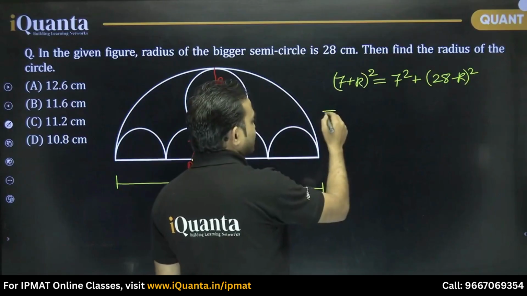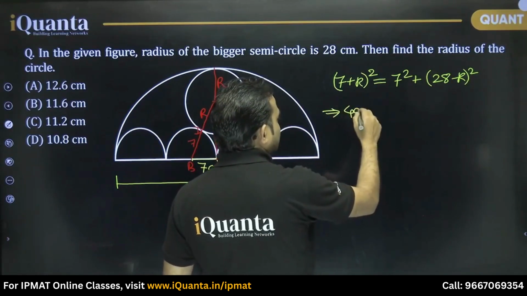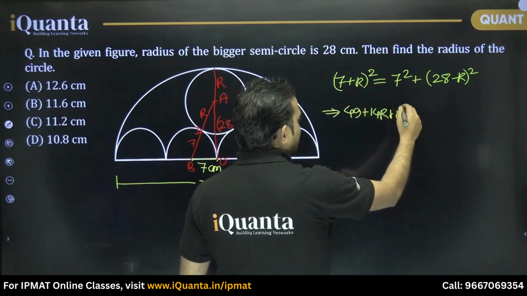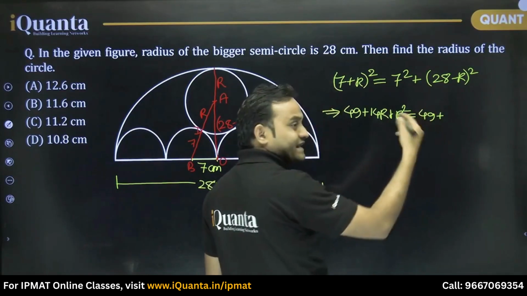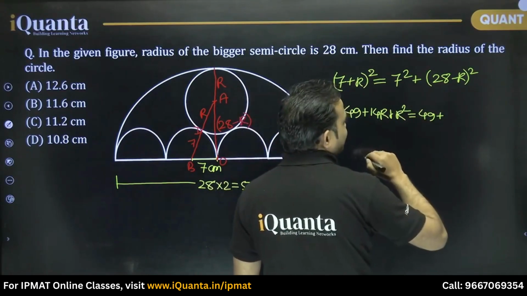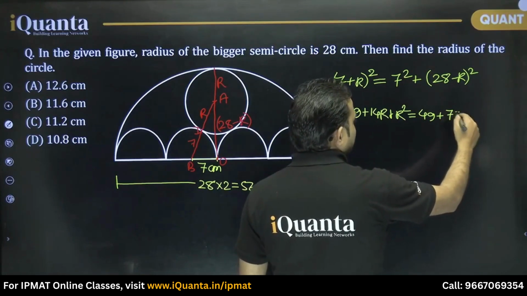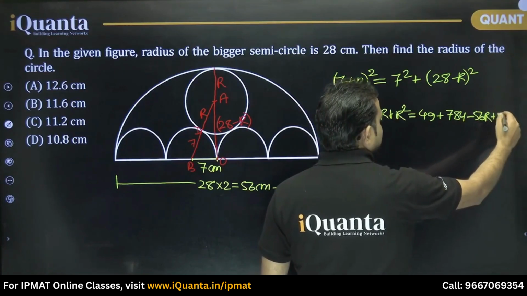So if I break this, this will be 49 plus 14R plus R square is equal to 49 plus 28 square, which is 784, right? So 784 minus 56R plus R square.